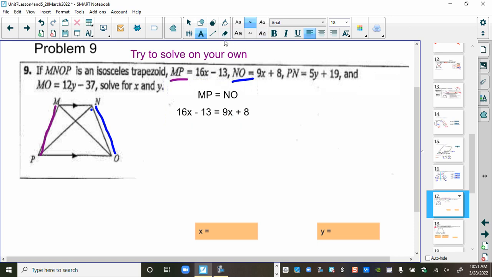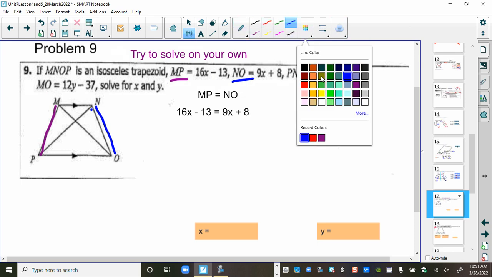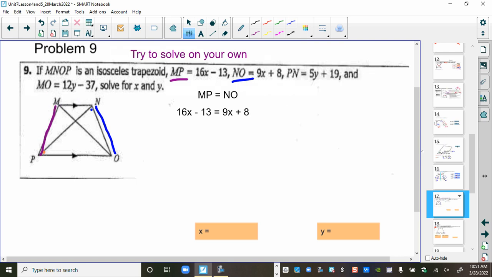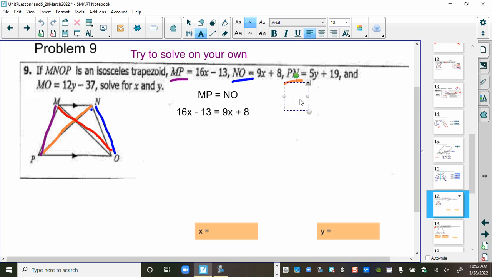Now, we also know they say PN is this line here. MO is that line. What do we know about those two diagonals? They are, say again, they're the same too.